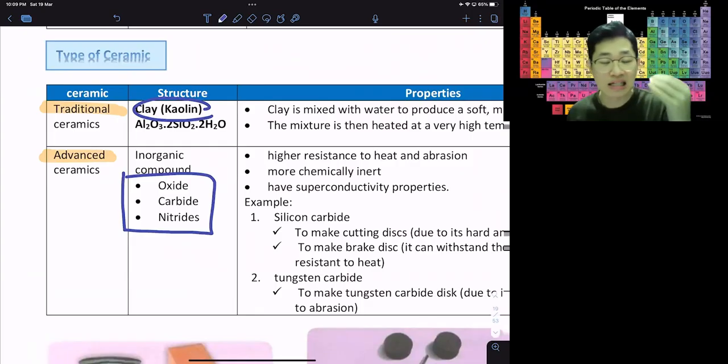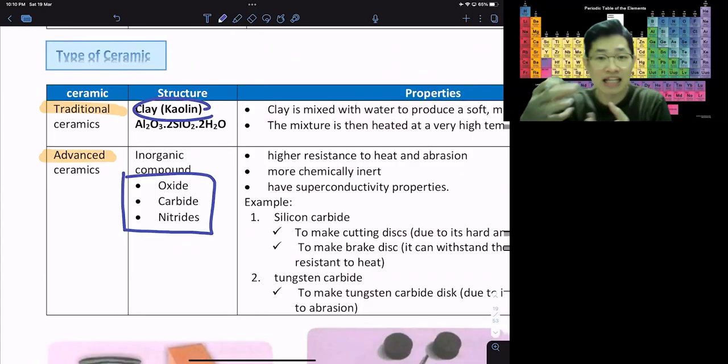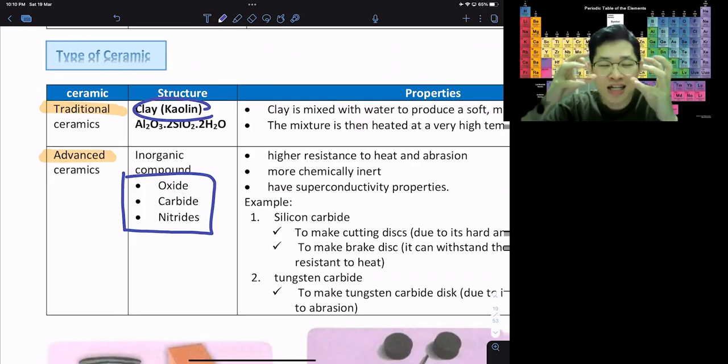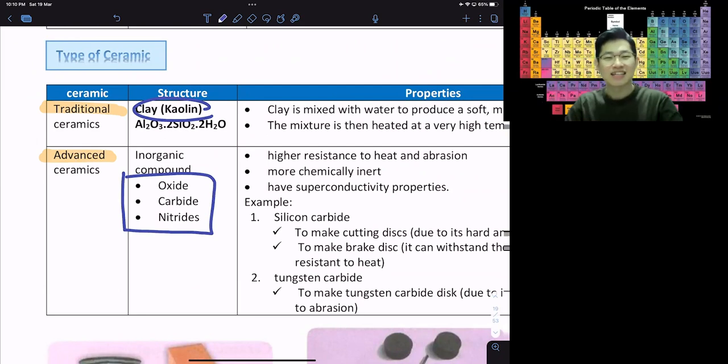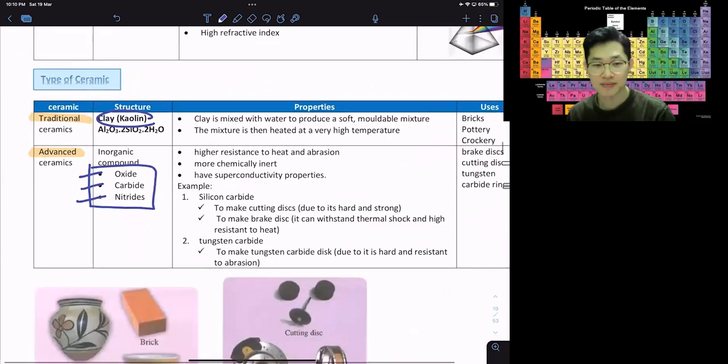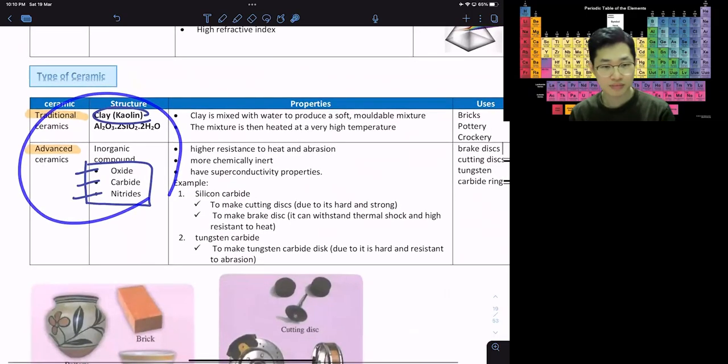Advanced means it's like the vulcanized rubber. They level up, they add things into the clay to make it better. So what they add? Oxide, carbide, or nitride. Just like that. You can remember this very well already.